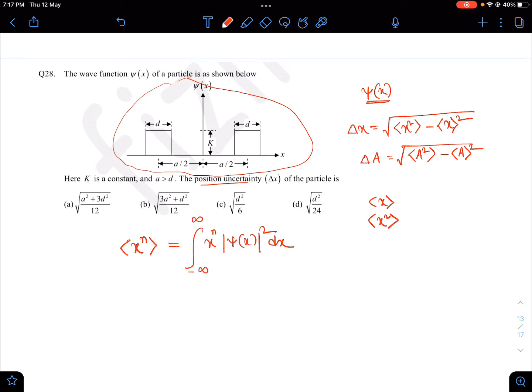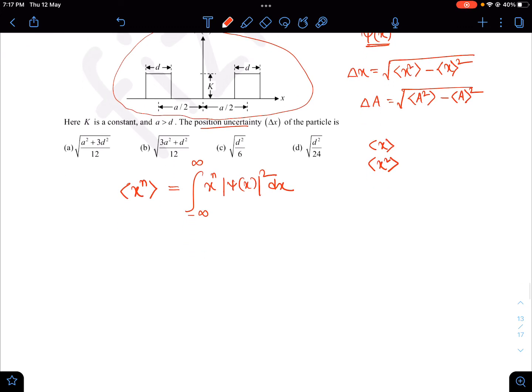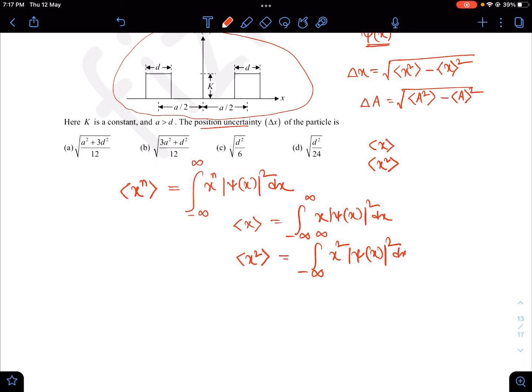This is the formula which we will use. So if we want to calculate delta x, we have to calculate the average of x, which is the integral of x psi x square dx, and we have to calculate the average of x square, which is the integral of x square psi x square dx. So we have to calculate these two terms.